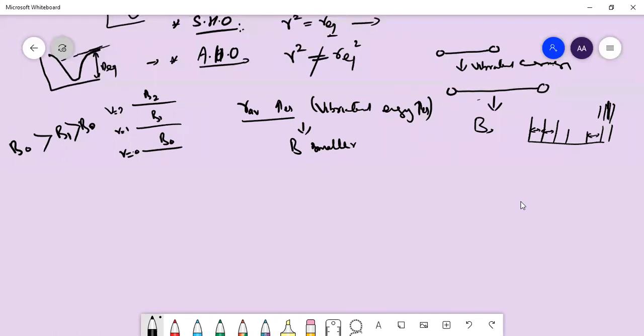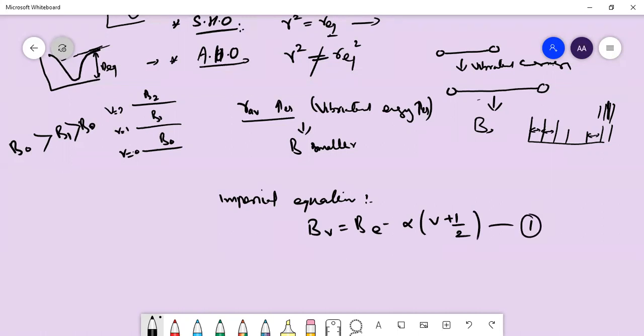So for this behavior, we can write an empirical equation of the type where B_V is equal to B_e minus alpha (V plus 1/2). Let's consider this is equation number 1.